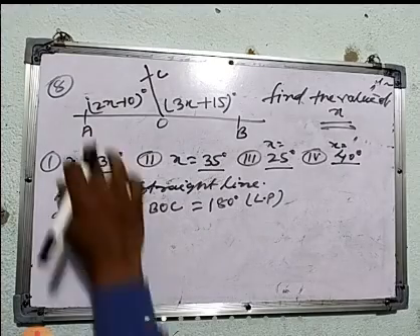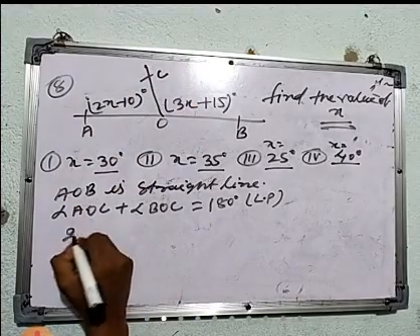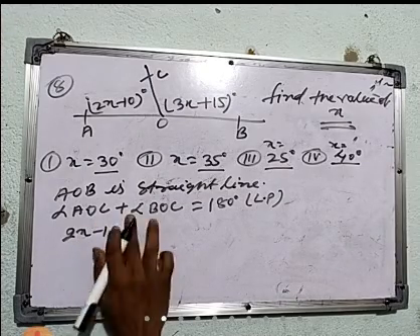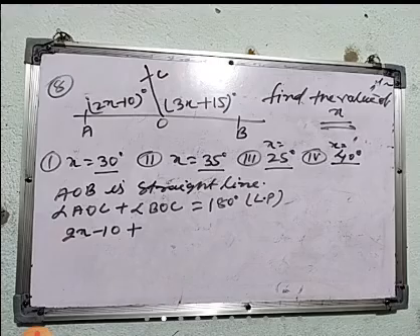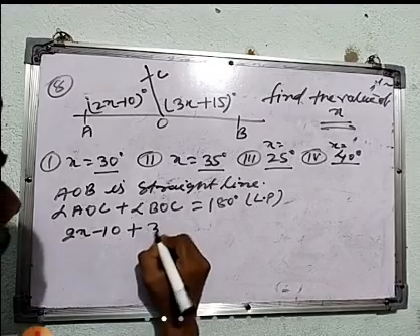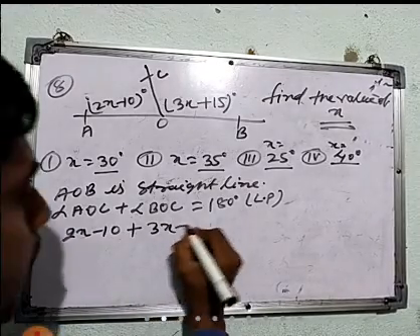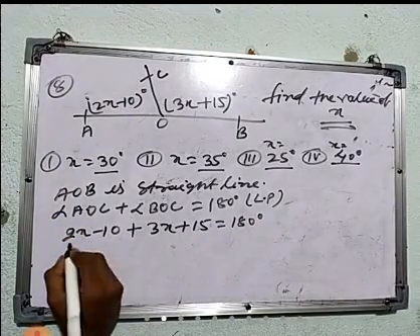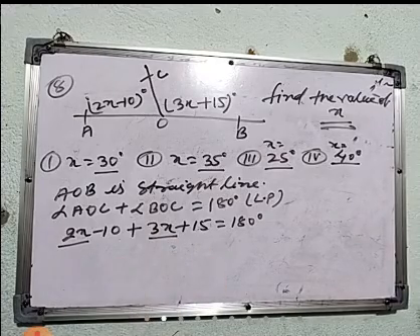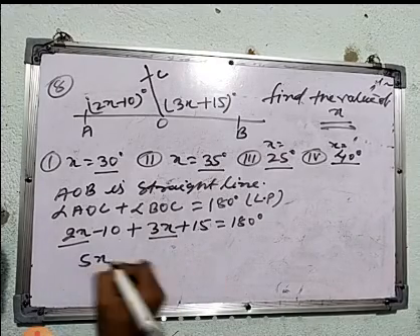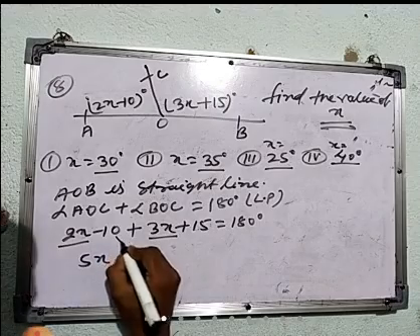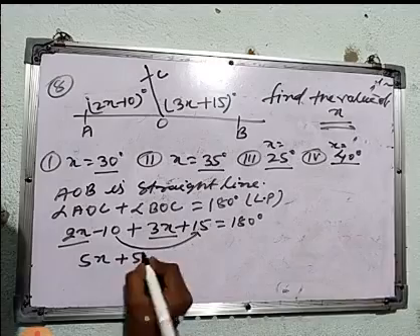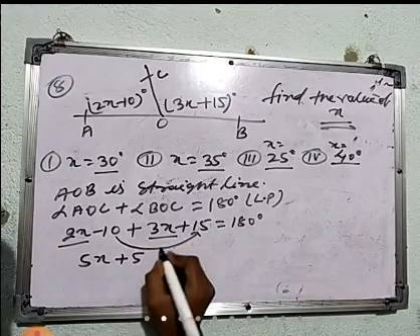You write the value of angle AOC: 2x minus 10, plus the value of angle BOC: 3x plus 15, equals 180 degree. Now you add 2x and 3x, so 2x and 3x equals 5x. Again you add minus 10 plus 15, so we get plus 5.